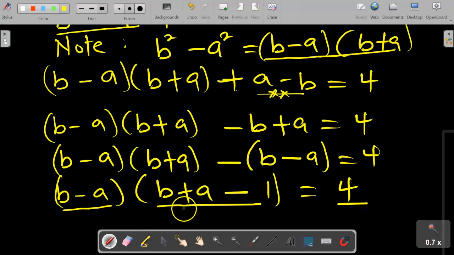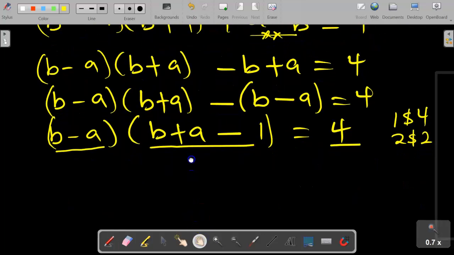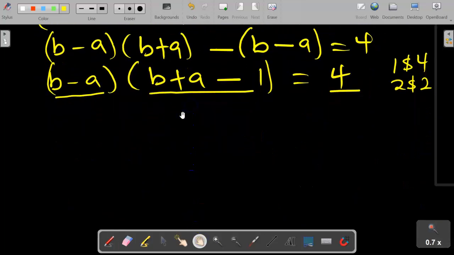It means these two terms are factors of 4. Why? Because they multiply each other to get 4. Now, what are the factors of 4? We have 1 and 4, and we have 2 and 2.